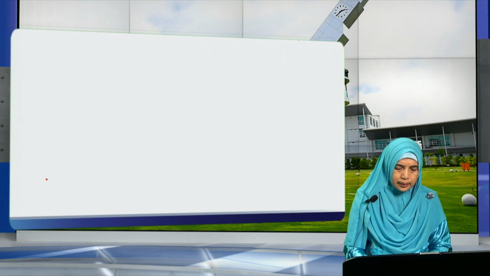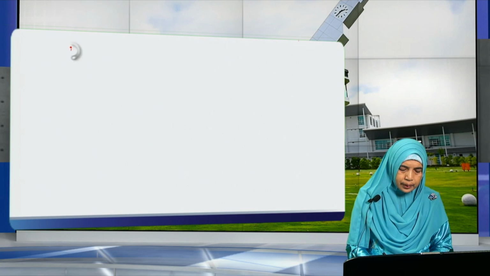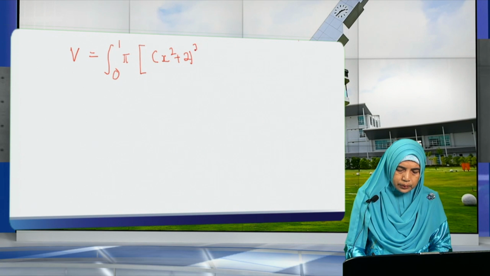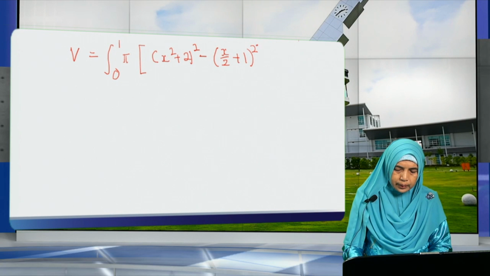In this example, we have V, the volume of the solid of revolution, from 0 until 1, pi times the integral of x squared plus 2 squared, which is the big R, the outer radius, minus the inner radius, x over 2 plus 1 squared, with respect to dx.